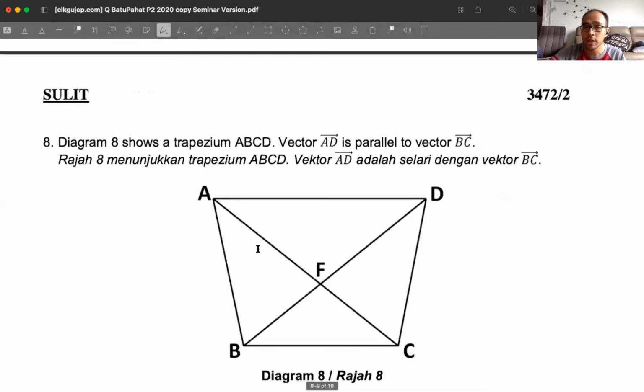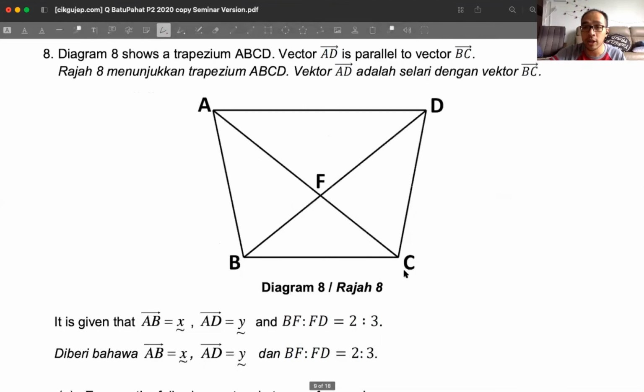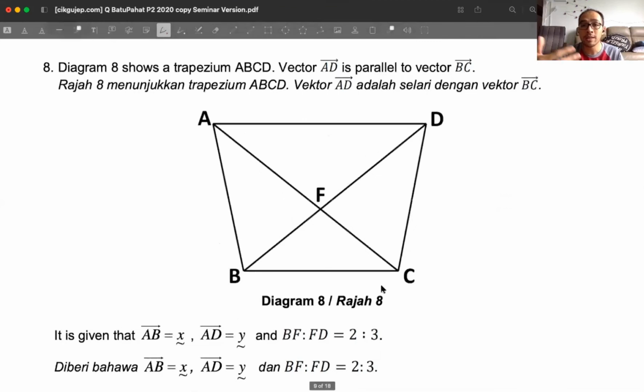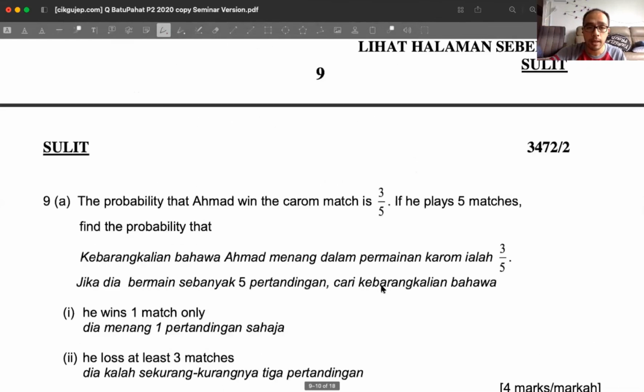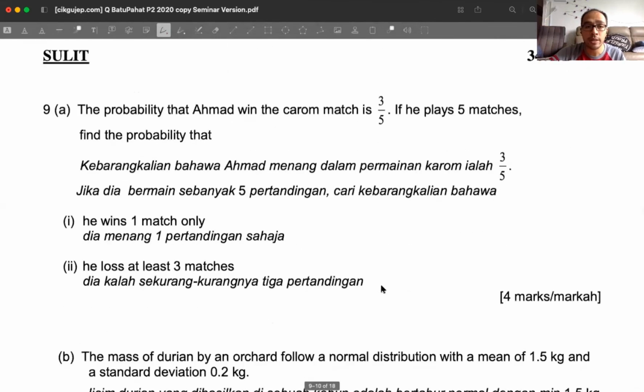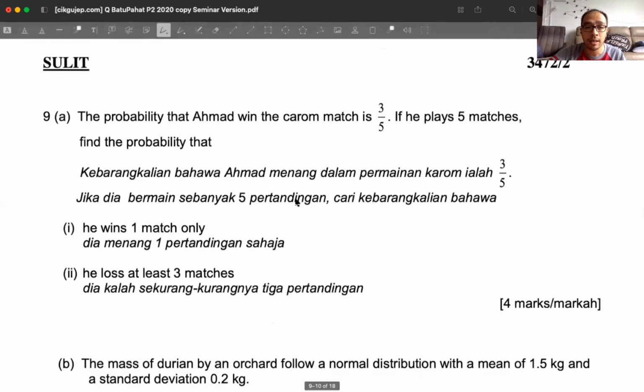The vector questions also are very standard questions. We call these routine questions, meaning if you have seen these questions in the textbook and in the modules, they are very, very similar. Even the probability questions, there's nothing much to it. The binomial question is like carom, they either win or lose.